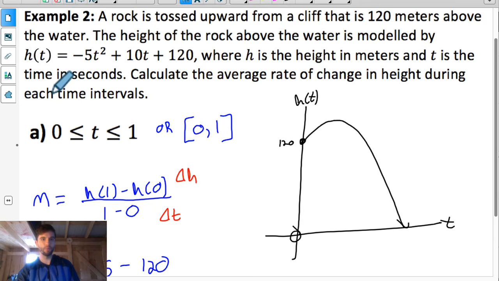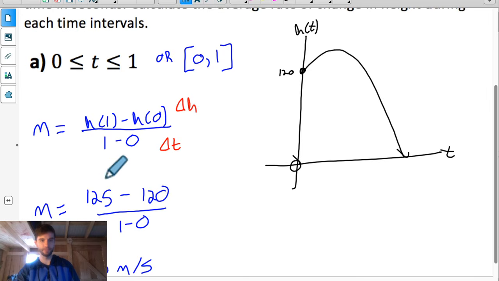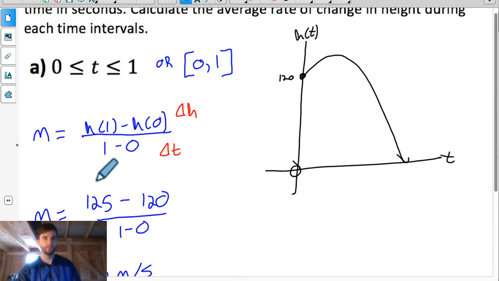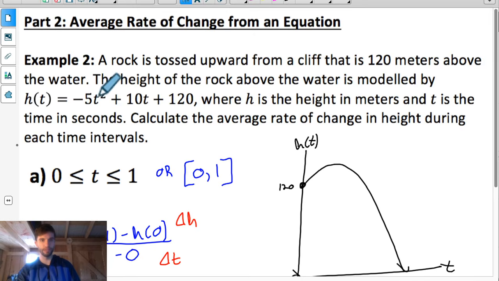So the height at 1 we've already calculated, it's 125. But what's the height at 2? If I plug 2 in for these t's, negative 5 times 2 squared, so that would give me negative 20, plus 10 times 2, so that would be 20. So negative 20 plus 20, that's 0, plus 120, that's 120.